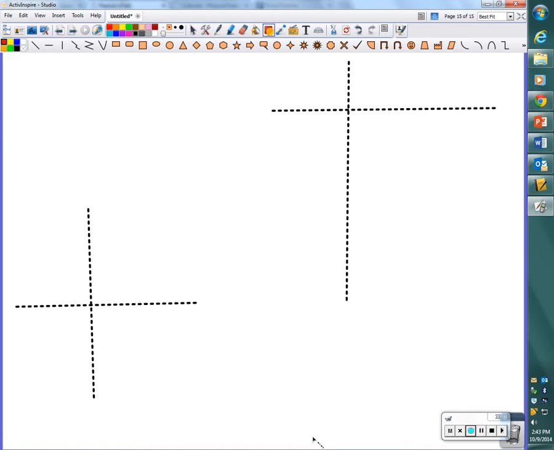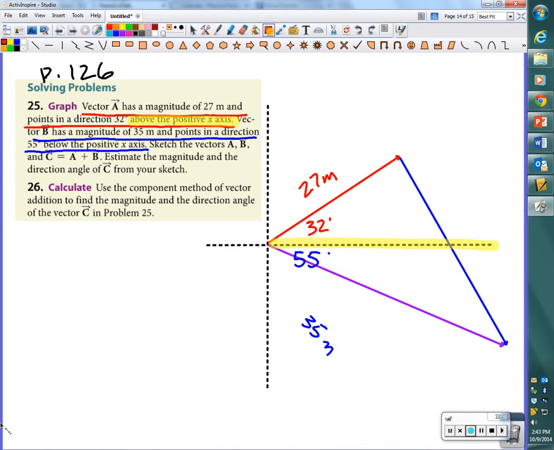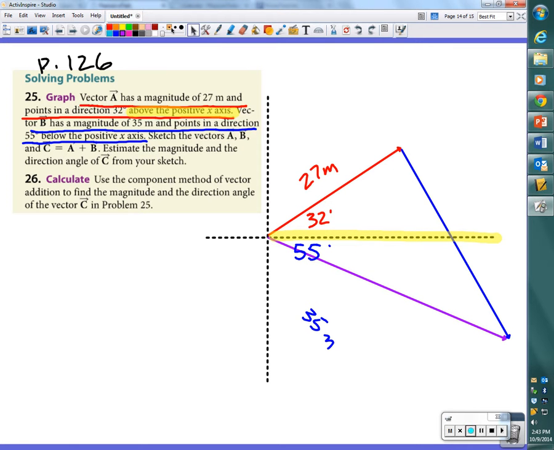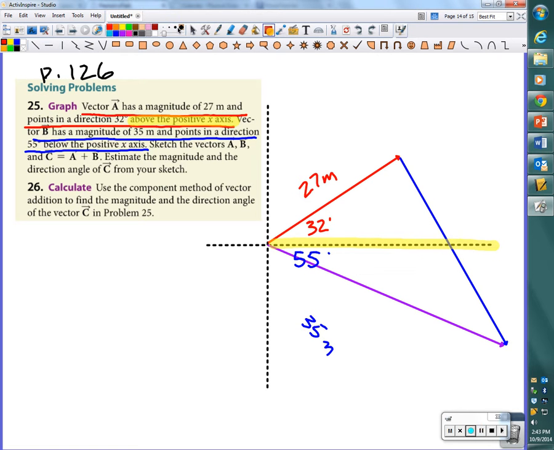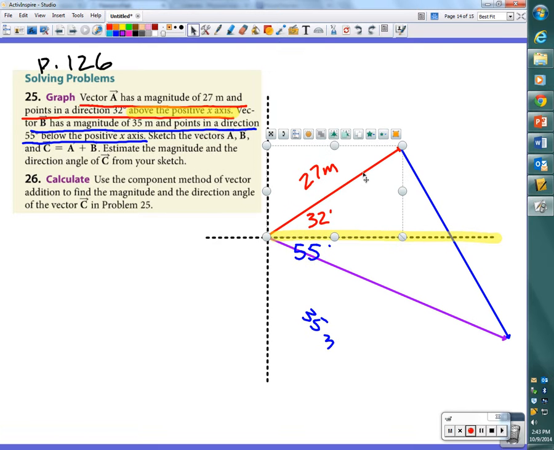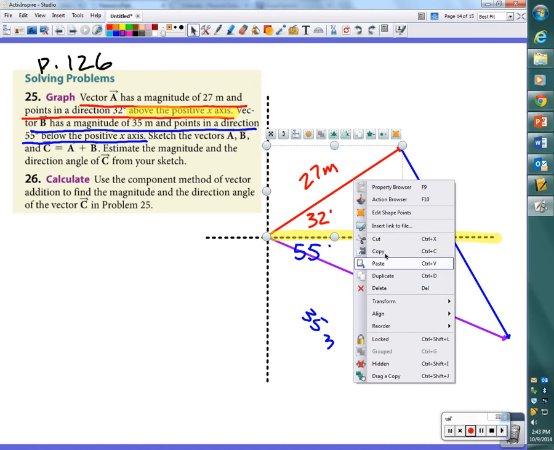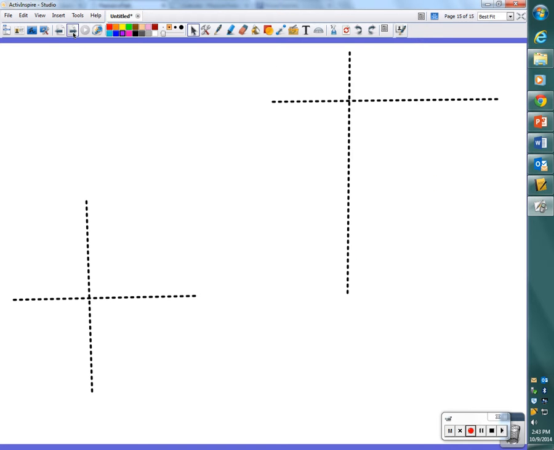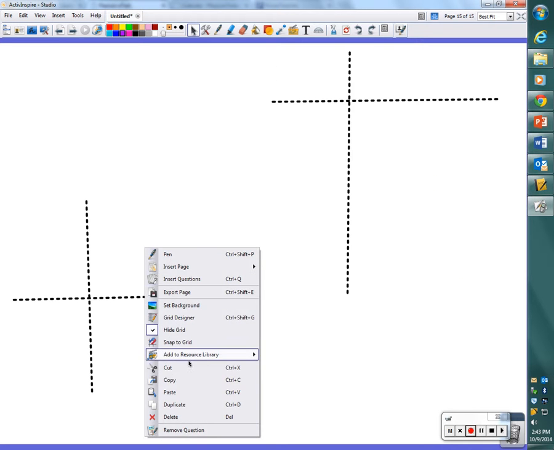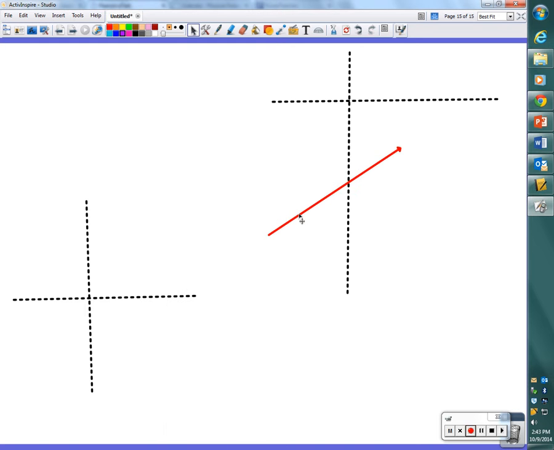I'm then going to go back to my old page and take this red vector, copy it, and paste it on this XY axis.